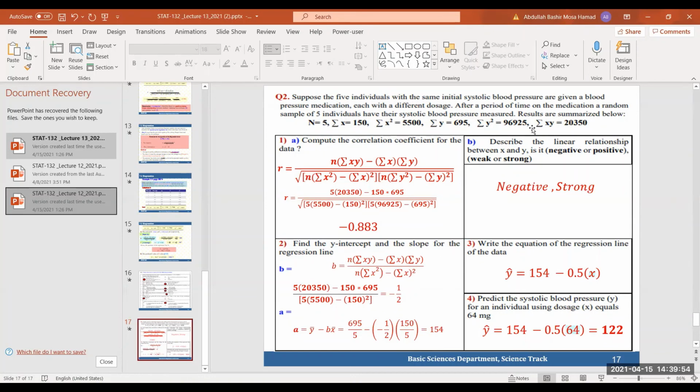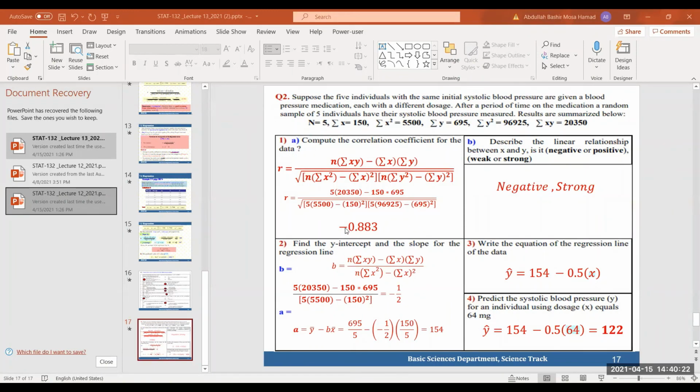Summation x square is this. Summation x all squared should be this. So in exam, make sure we use the same here, just square it. Also, we use this same, just you square it. Value is -0.886.